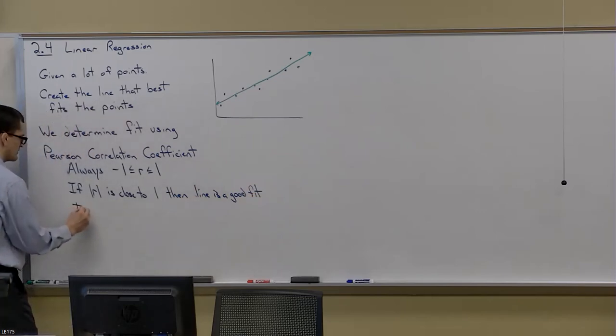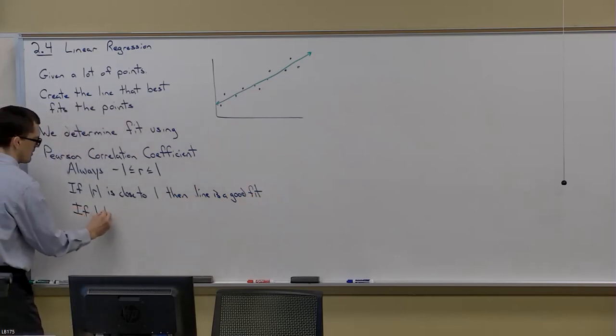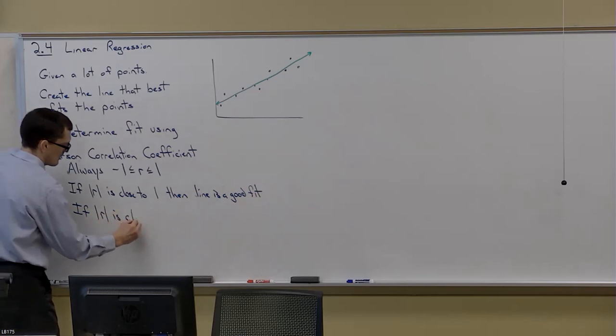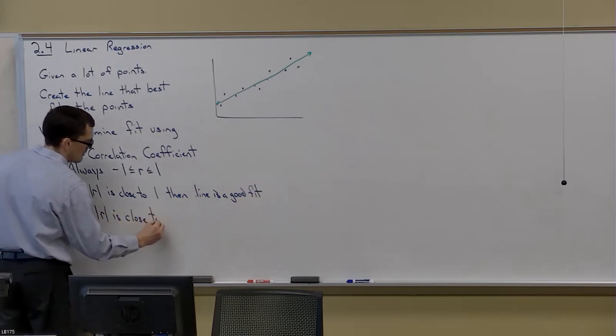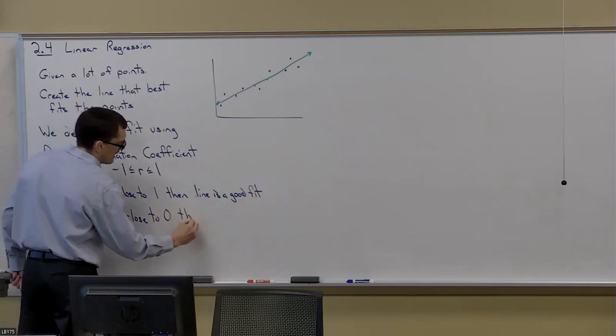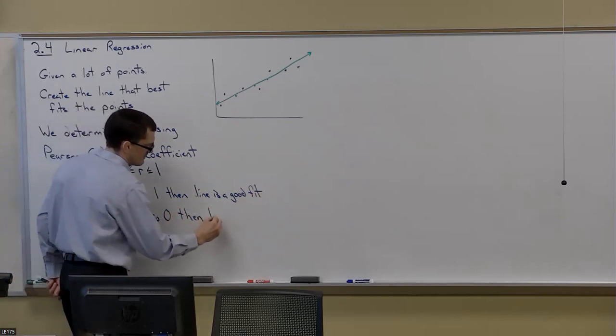If R is close to 0, then the line is a bad fit to the data.